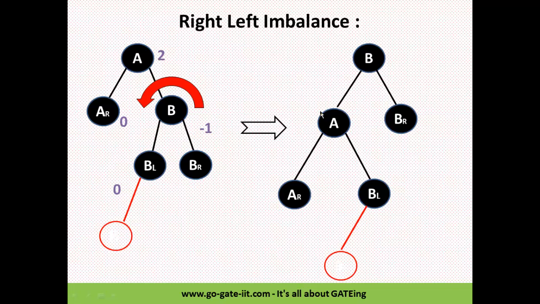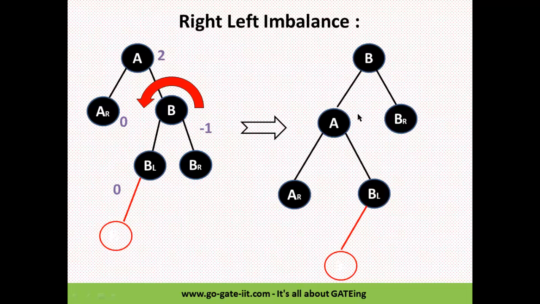People will think initially that if I rotate B on the left hand side, I'll get the balanced binary tree, but this is not so. As you can see, I have rotated B on the left hand side, but again the situation remains the same. B has 1, 2, 3, so 3 minus 1 is 2. Again the root node has the same balance factor of 2, which violates the AVL tree principle.